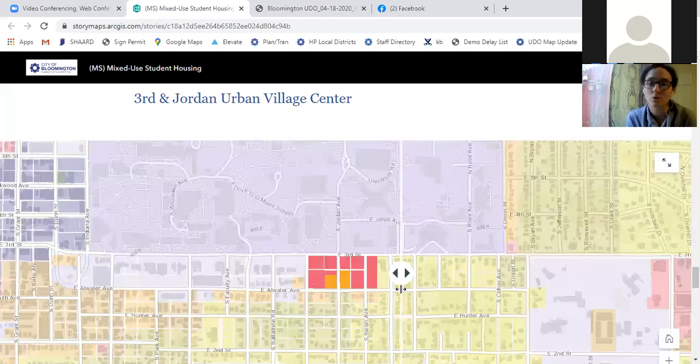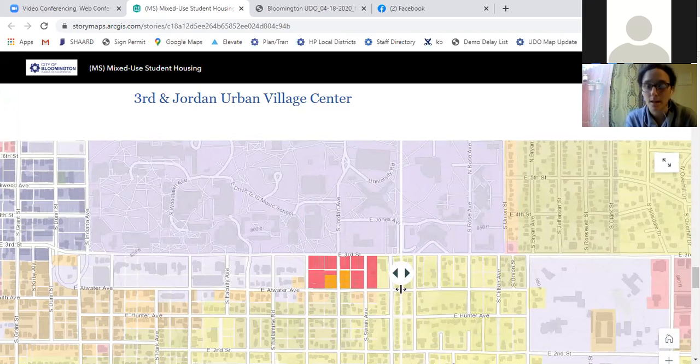So we have looked at the lifespan of some of this development and think that it's possible that this area could redevelop in, again, the lifespan of this code. And that is why we are proposing to change the zoning. The reason I mentioned that this is different is because obviously it has more of a commercial focus than the other two areas.